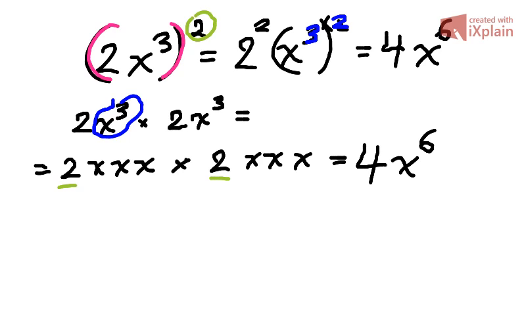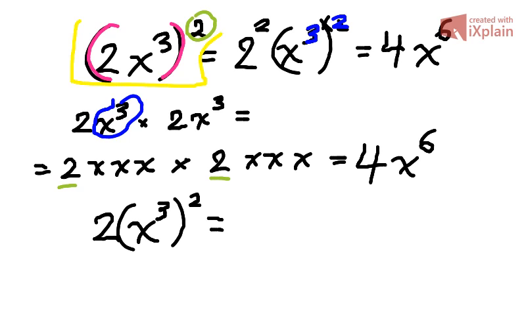Just one variation of this question. What if we had 2 times x cubed, with the bracket only around the x cubed, to the power of 2? Just look well at the two expressions that I'm highlighting in yellow and see what is different. The first expression, those pink brackets, are around the whole lot. Here, these pink brackets are only around the x cubed.